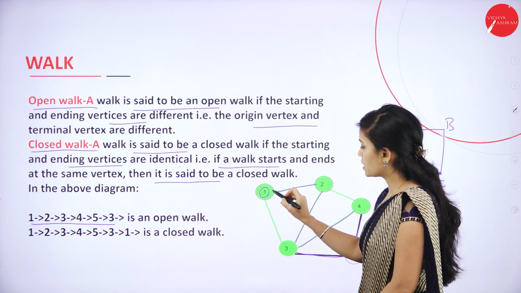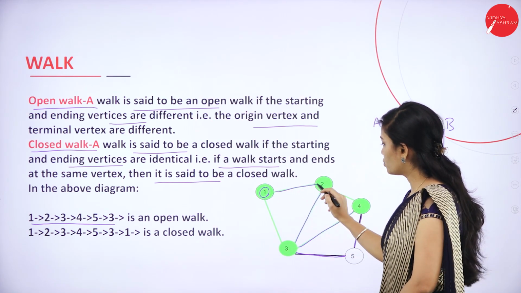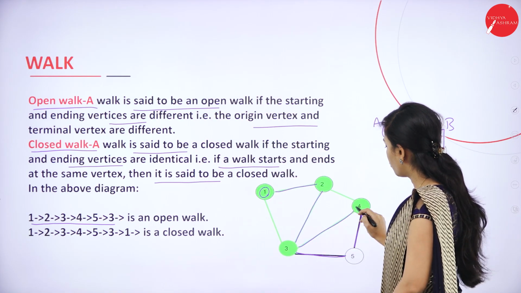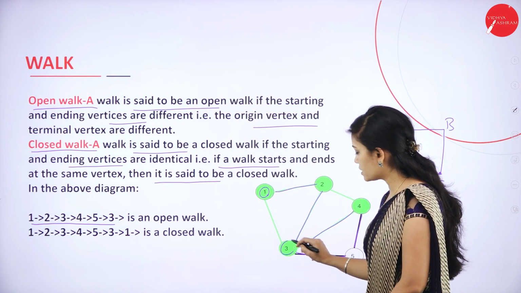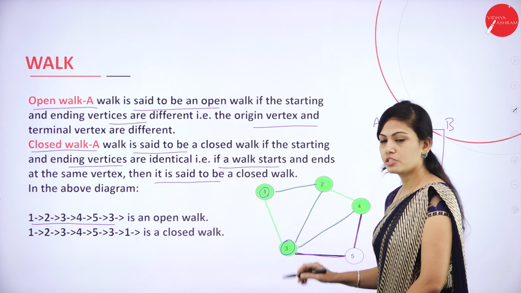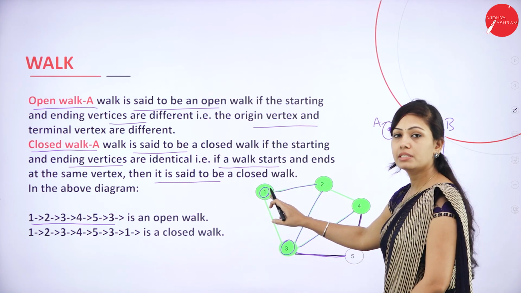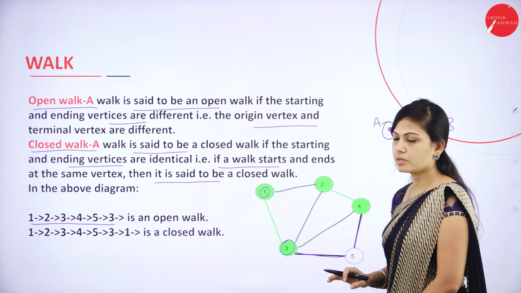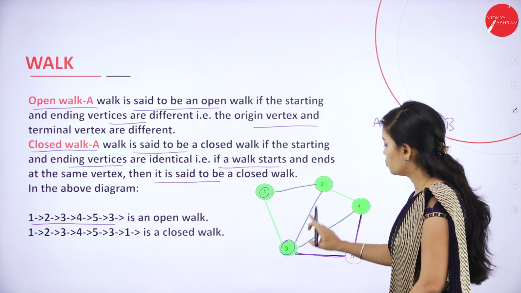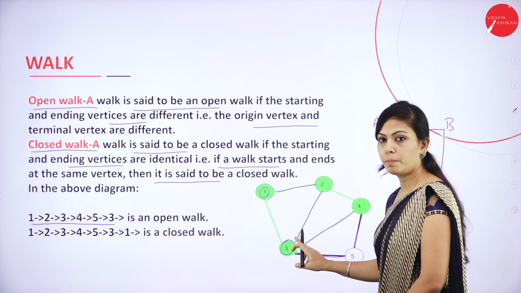I'll repeat, the starting point is 1 and the ending point is 3. So it is called an open walk. Clear? Starting point and ending point are different, means it is an open walk.